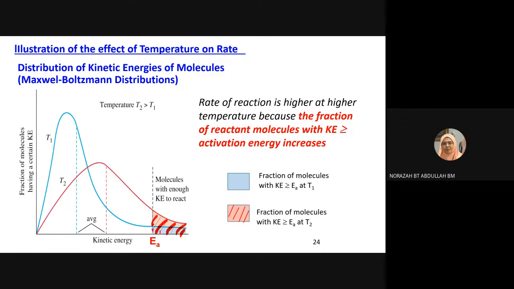Right? So bawah tu warna merah juga. If it's at lower temperature, just this part saja. But at higher temperature, much more than that.